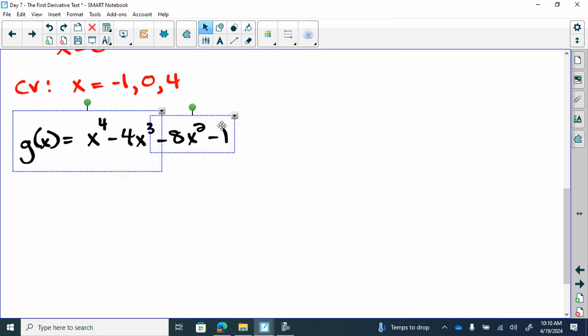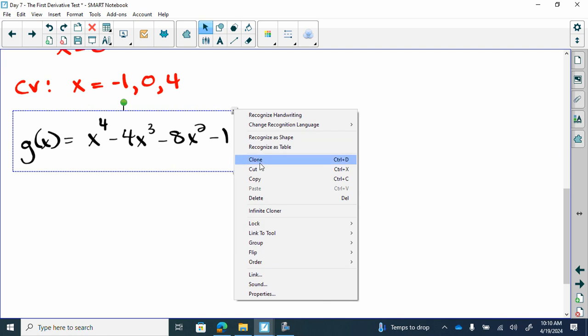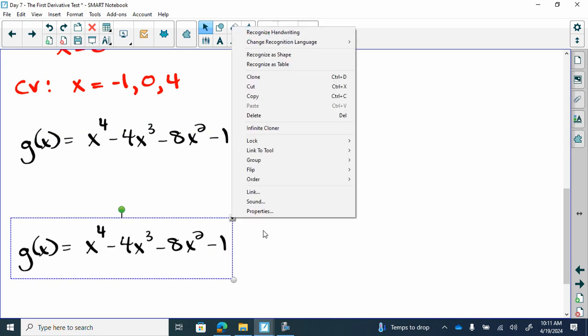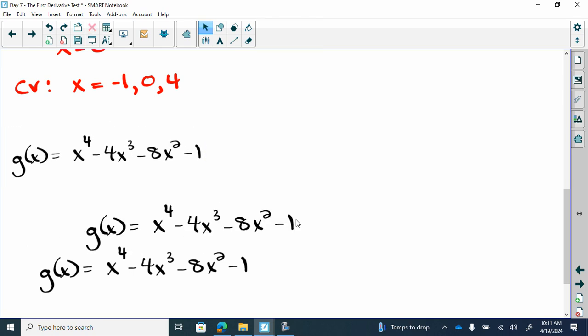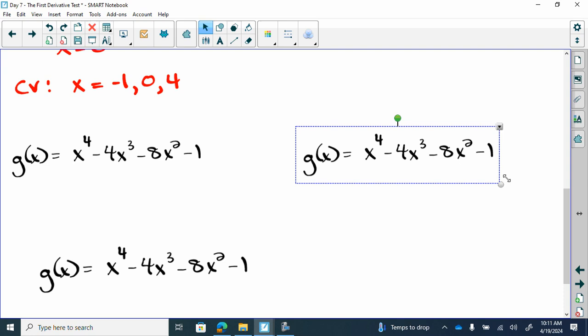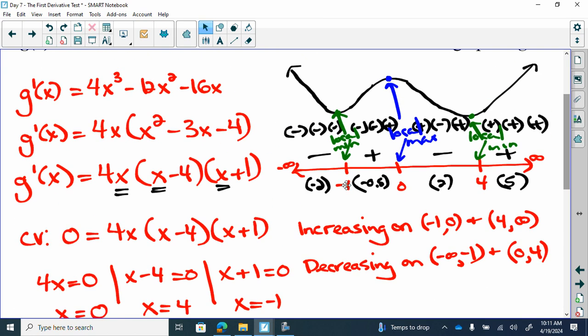So I am going to use this function, and I have to do 3 calculations. I need to figure out what the height is when x equals -1, when x equals 0, and when x equals 4.